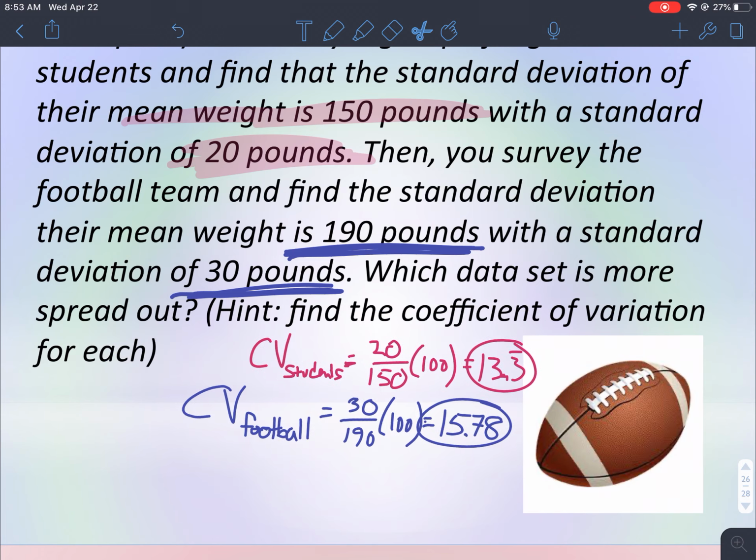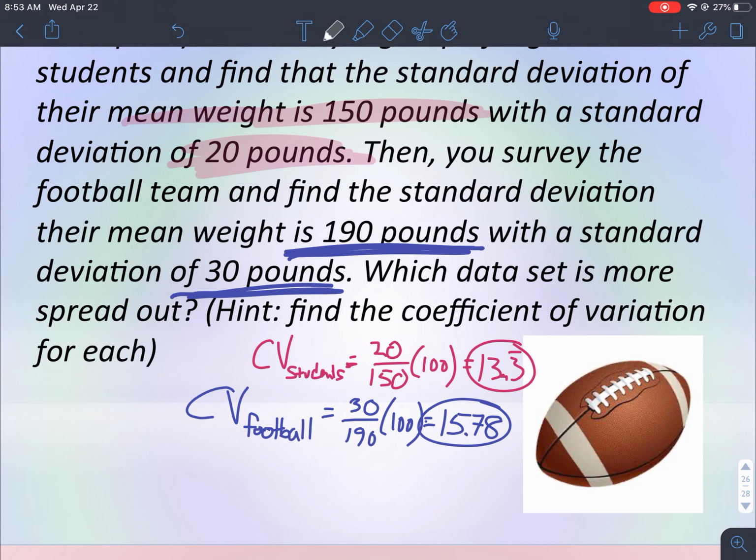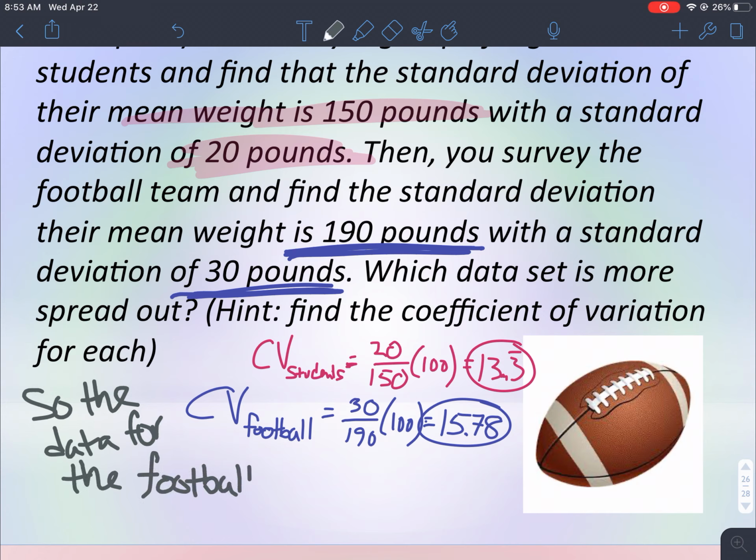What we want to say is that the coefficient of variation for the football team is greater. So the data for the football team is more spread out.